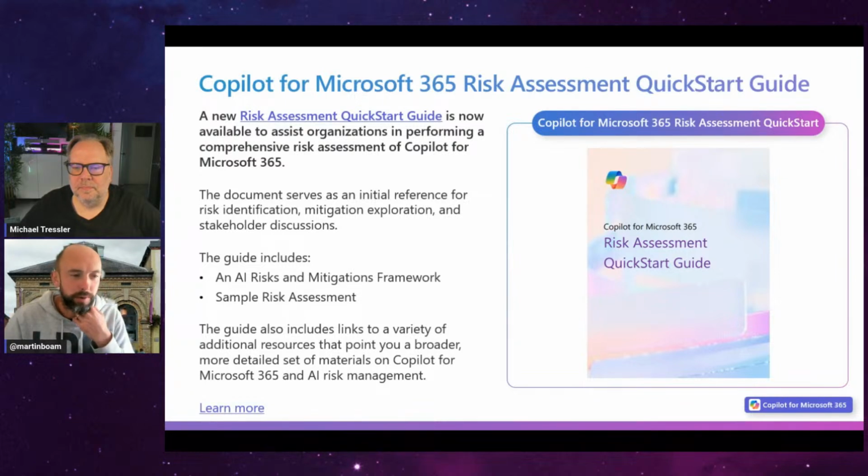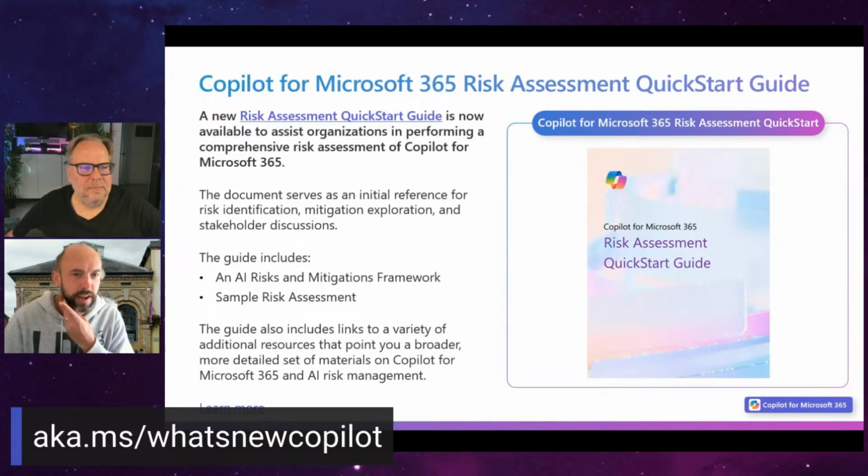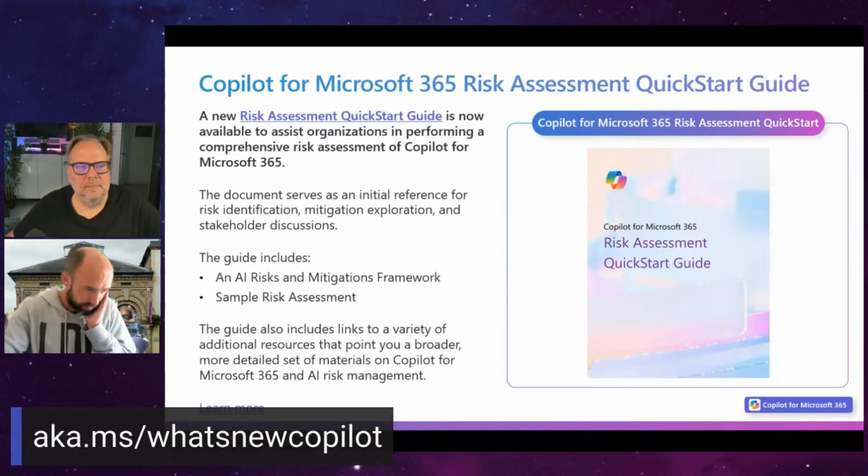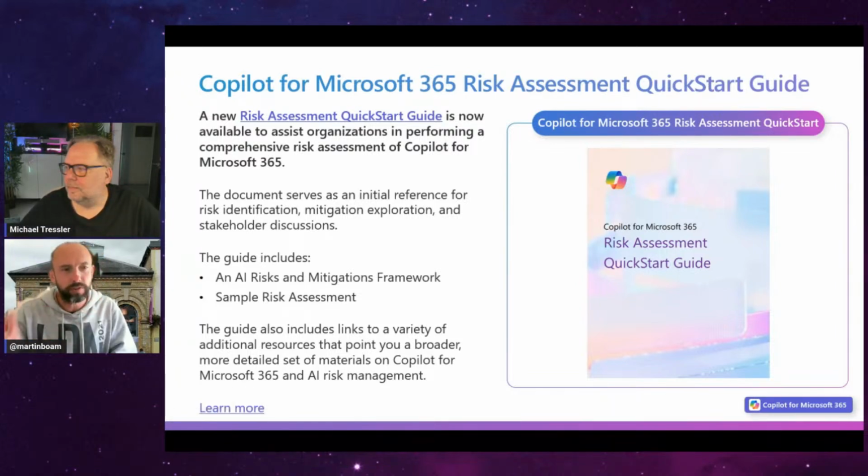As people are looking at Copilot and AI, there's lots of security, compliance, and governance around that. This document is all around risk assessments and really a quick start guide to get you moving with common risks and mitigations. So I guess it's really good in those stakeholder discussions and decisions around your adoption and deployment of AI and Copilot, particularly Copilot for Microsoft 365.